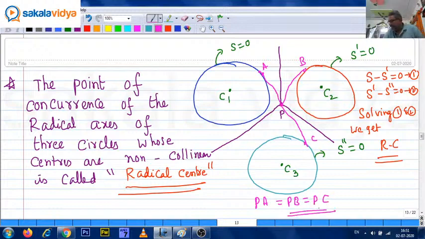The length of the tangents drawn from radical center to the three circles are equal, same. Understood now? PA equals to PB is equal to PC.